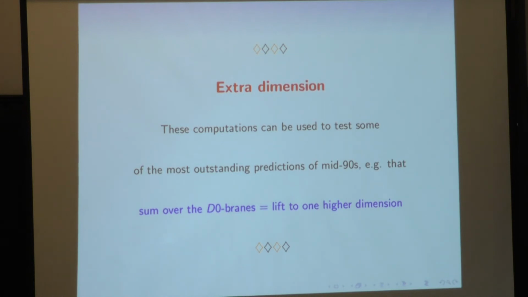And nevertheless, these computations, even though they don't capture the ultraviolet behavior of the string theory completion, will help us to confirm or test some of the most remarkable predictions of, let's say, 20 or 25 years ago, that in summing the D0 brane contributions in type 2A string theory, you recover a high-dimensional theory. You will lift to 11 dimensions from type 2A, or maybe even higher.